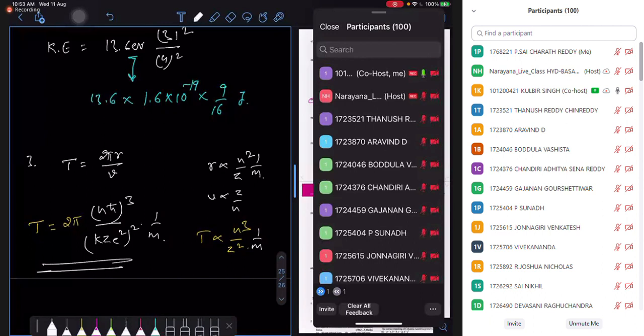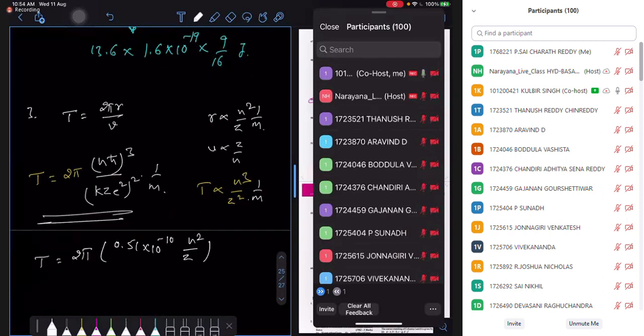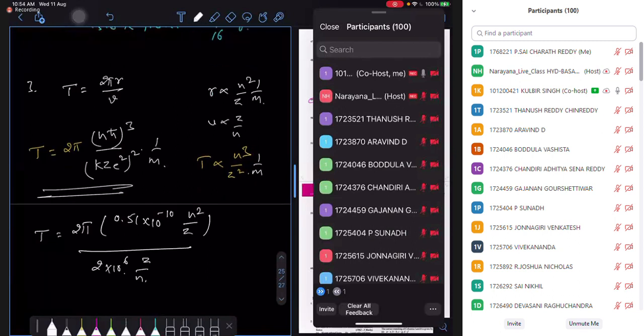That is my exact time period formula. For value purposes, if you want to find out the value, R value is 0.51 angstroms, and R here is n squared by z terms. Velocity term is 2 into 10 raised to the power 6 and z by n. So I can get here the time period, right?